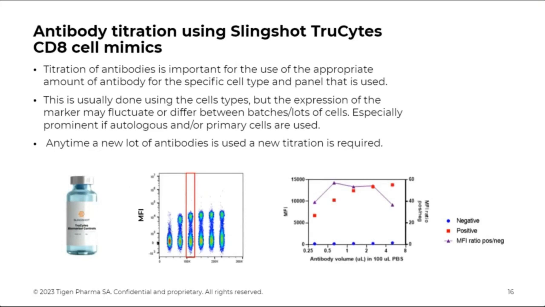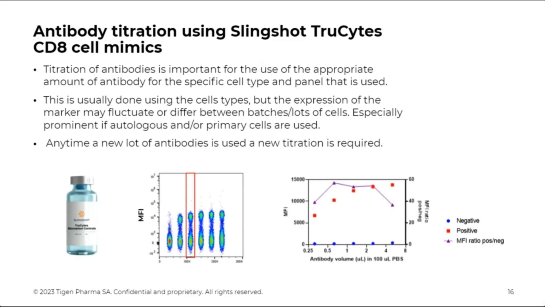So what I'm going to start with first is something very basic that needs to be done and that is posing a challenge. And this I haven't mentioned previously in my talk. But every time you work with your antibodies, you need to decide what volume you need in order to have the most optimal panel and setting.